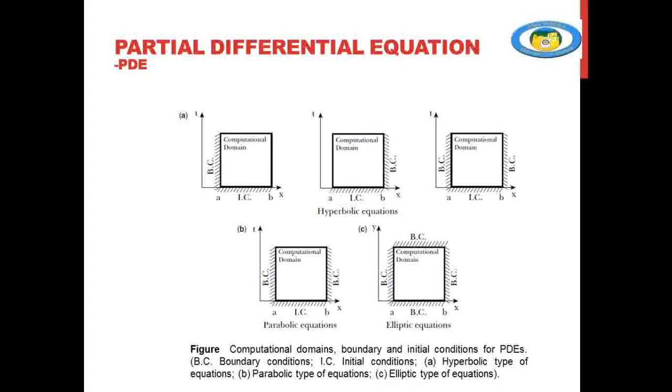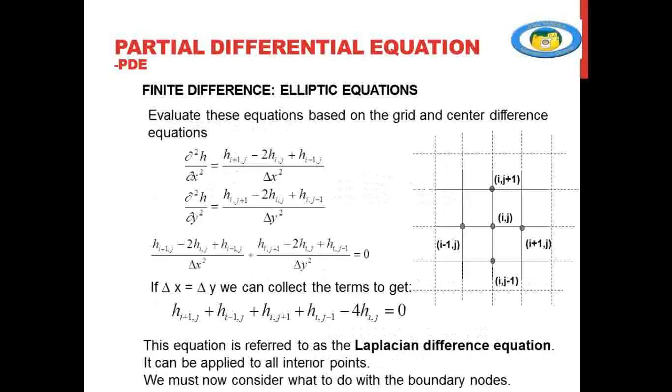Some people call this equation the 5-point finite difference equation. Obviously, there are 5 points here. So using those 5 points, you can easily solve the values of h at each one of the nodes.